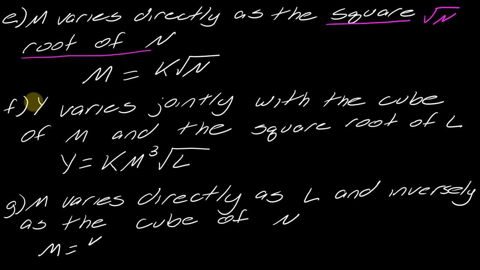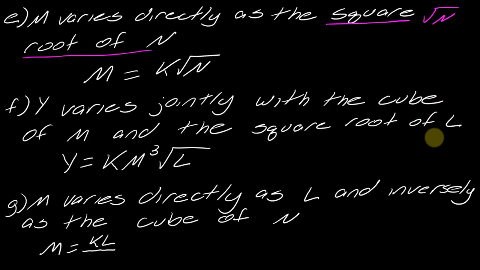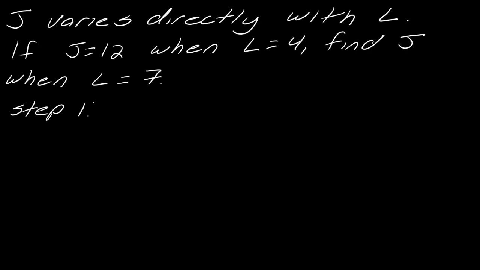So first of all, what do I do to K? I'm going to multiply K by L. And then inversely by the cube of N, so that means divide by N. But it says the cube of N, so then I have to also cube it, which is the same thing as writing to the power of 3. And okay, so then we have the basic idea behind this.